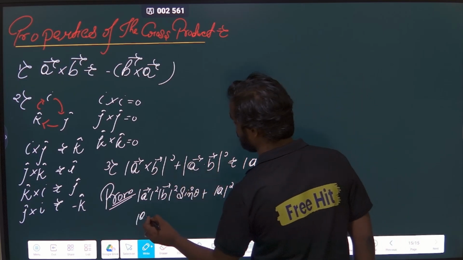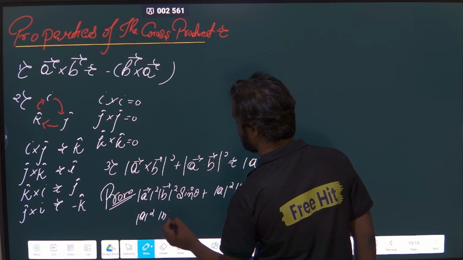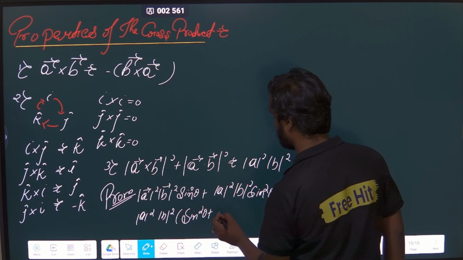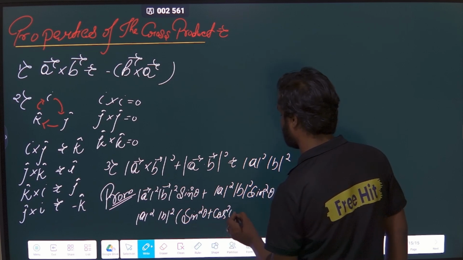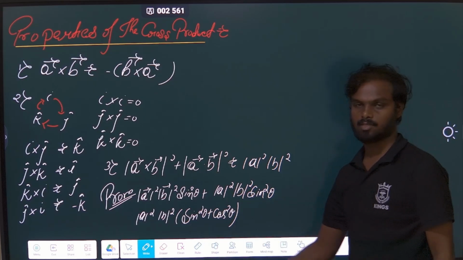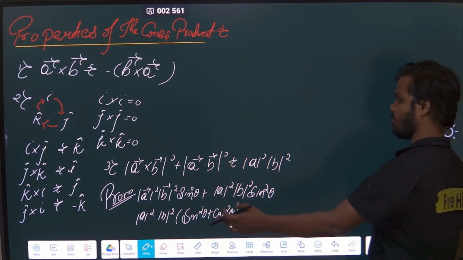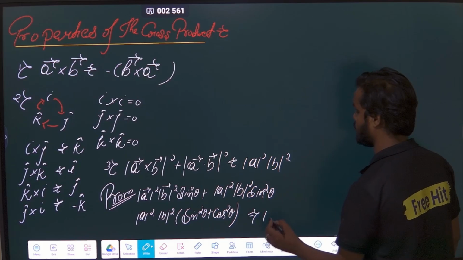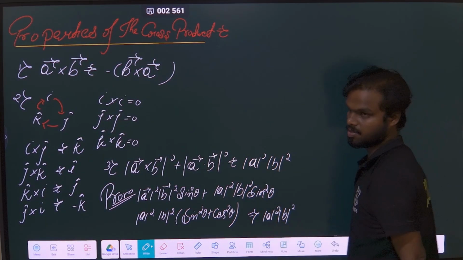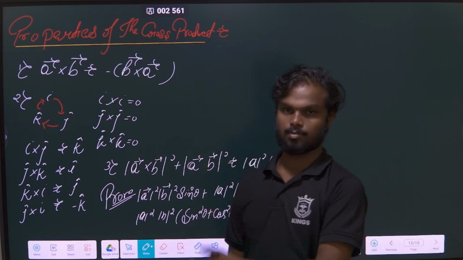So from here you take common: sin square theta plus cos square theta. What is this value? This value is 1, because it's a mathematical property. Sin square theta plus cos square theta is always 1. So from here what we will get? Mod of A square. Simple. Okay, that is the third most important property.